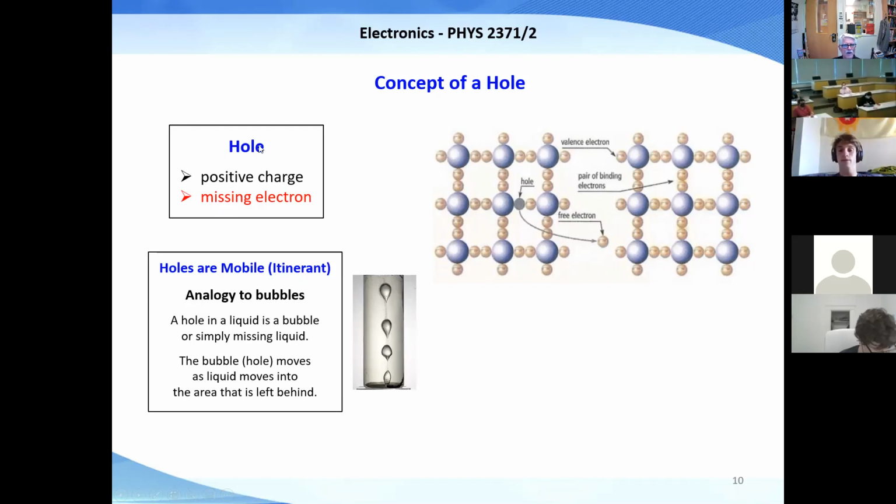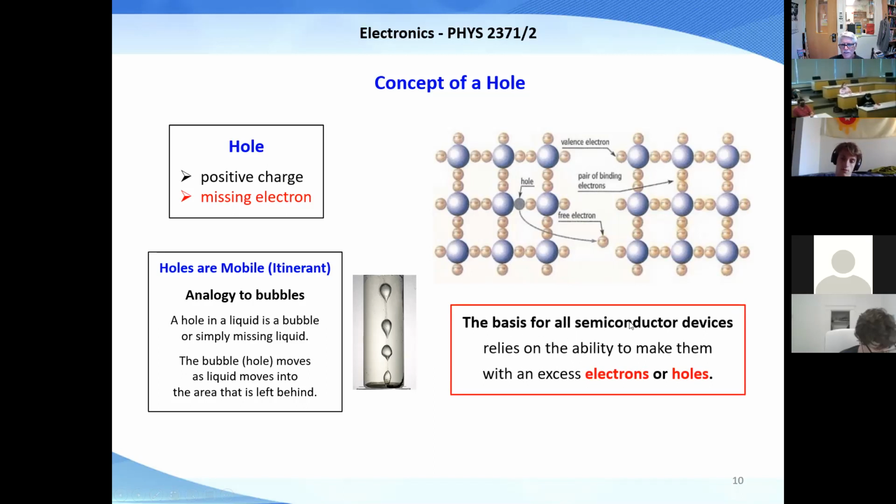Okay, so just think of a hole. It's a positive charge, but it's just a missing electron, and they can move just as easily as an electron. Well, not quite as easily. They're a little bit different, but mainly just think of the holes as moving basically like electrons.